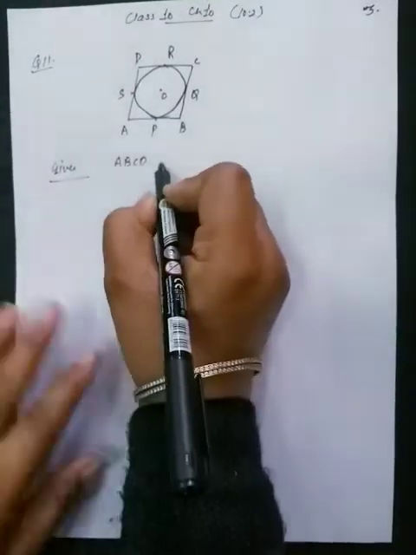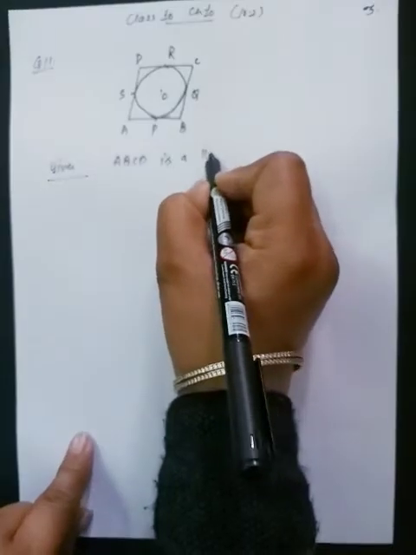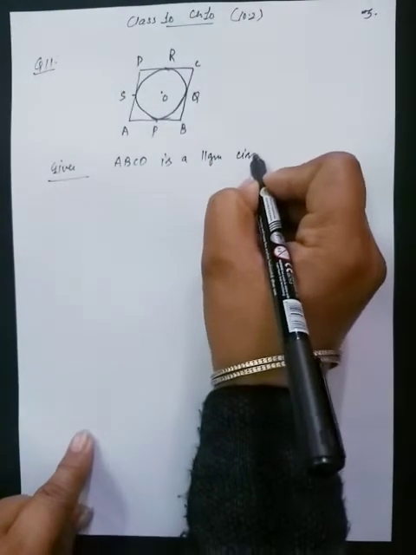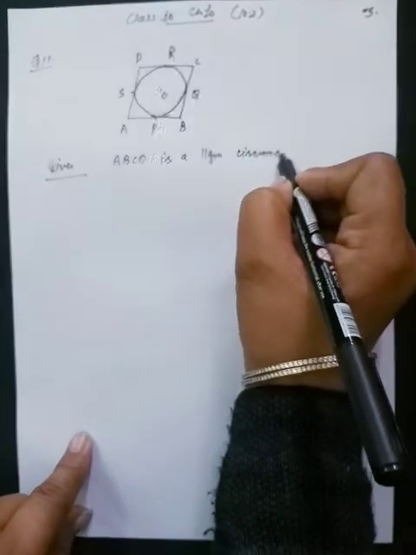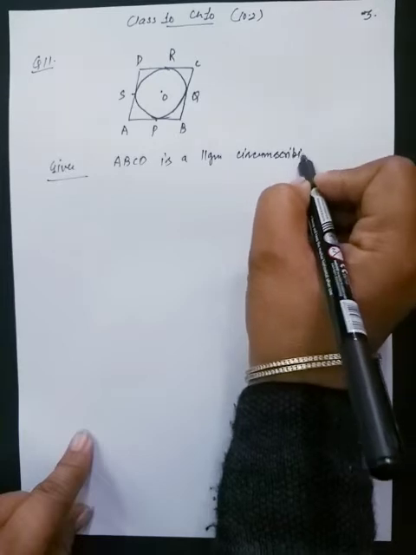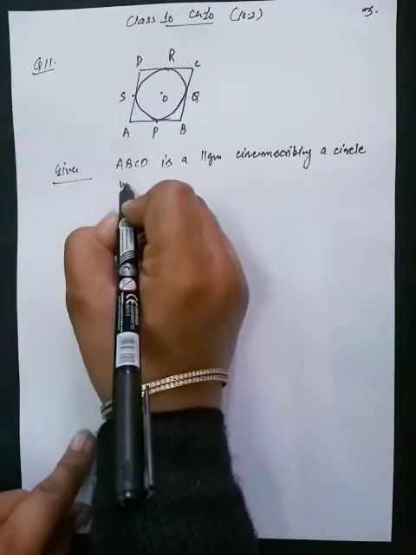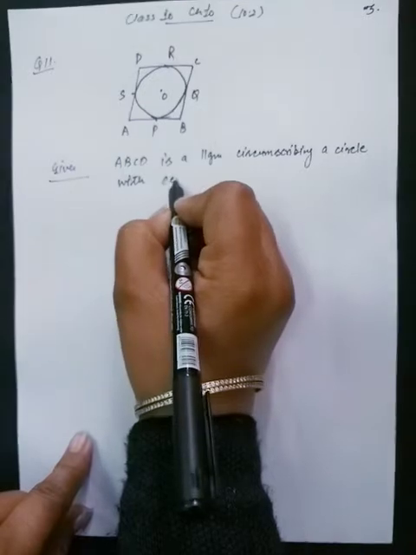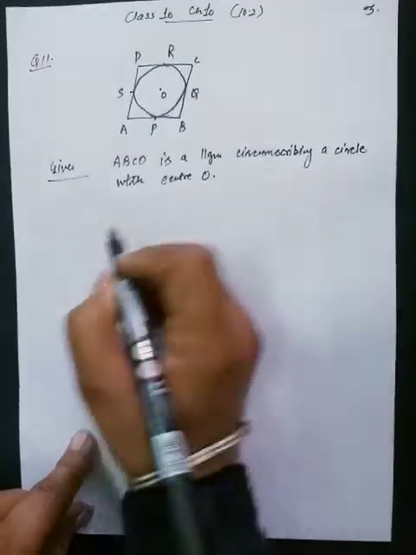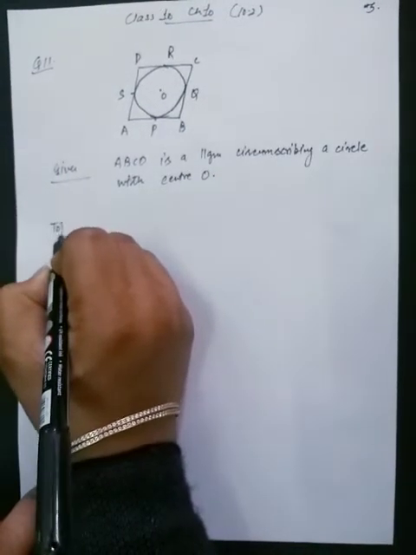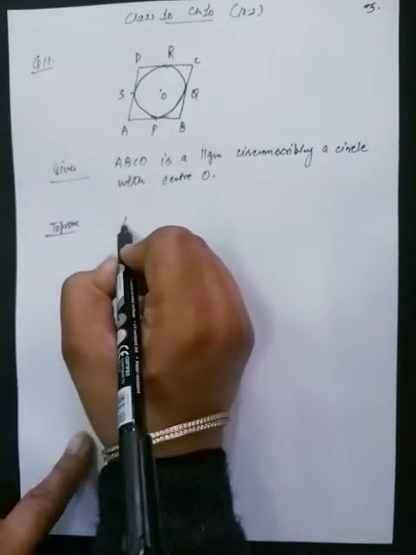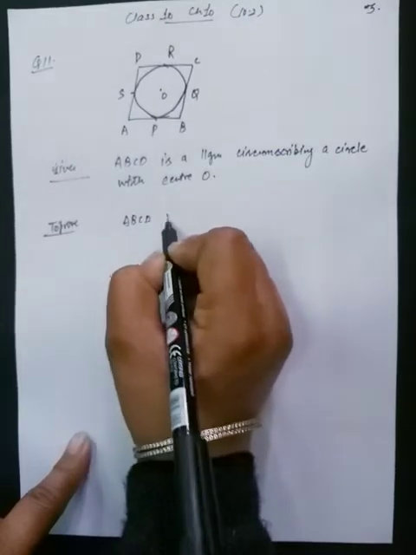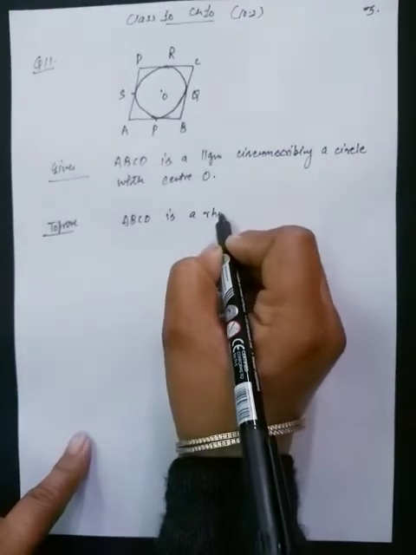ABCD is a parallelogram circumscribing a circle with center O. To prove: ABCD is a rhombus.